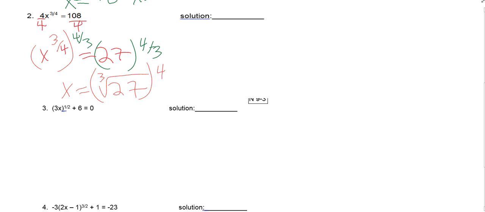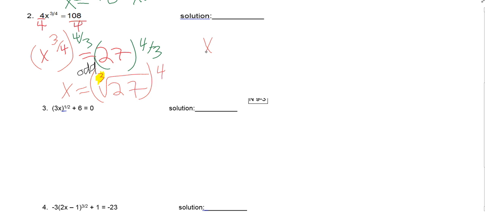Now, notice here the difference between number 1 and number 2. This index here is odd. So the fact that that's odd, we can only have either a positive or a negative answer. So in this case, in fact, it's going to be a positive 3. So let me continue right over here.